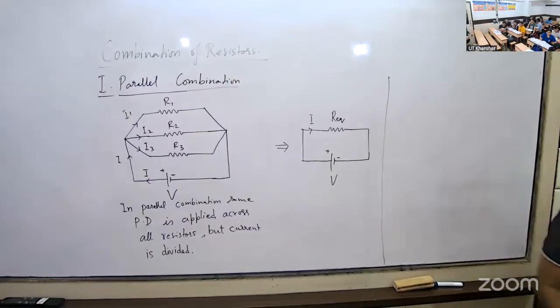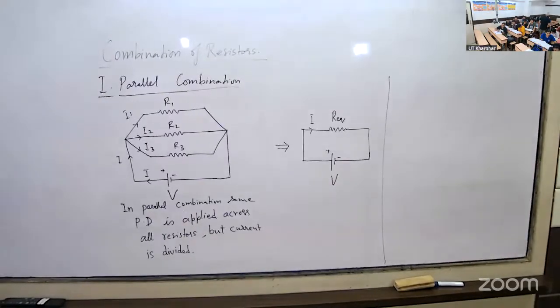What has changed in case of parallel connection? Now the potential difference is same across all the resistors. But current is divided. Now see the path.